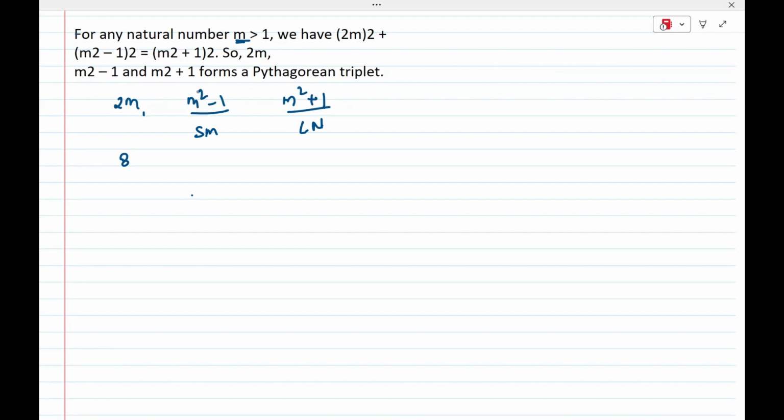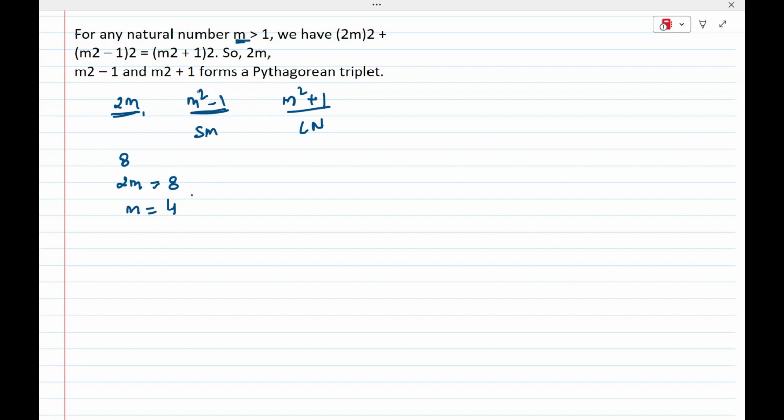So if 8 is a member, I can do 2m equals 8, if they have not said it is the smallest number. So m I will get 4. Now substitute here. As m is a whole number, definitely the others will make a Pythagoras triplet.